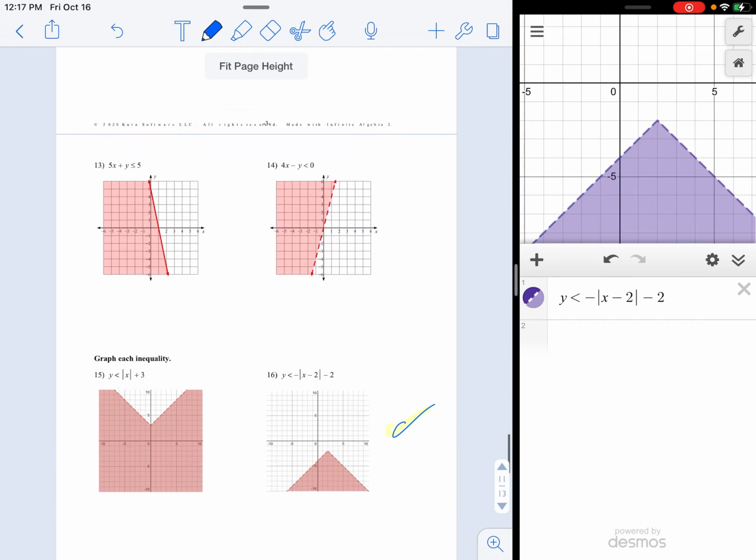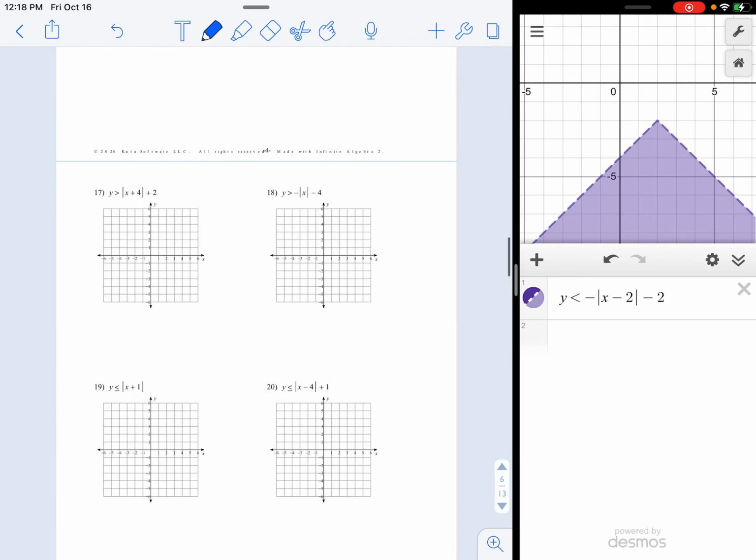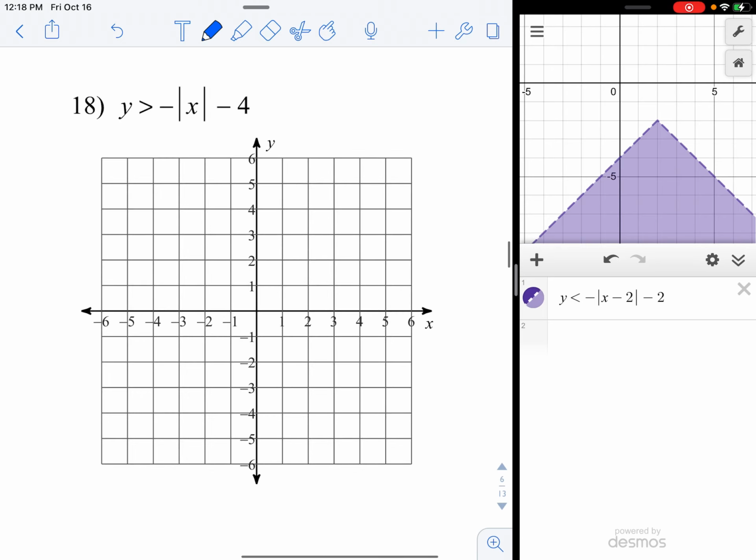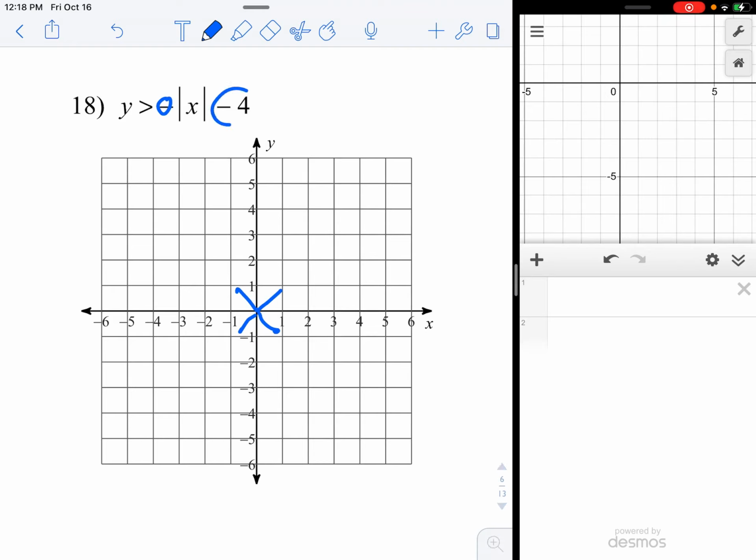So if you don't mind, even though you can use Desmos and get through these quickly, I am going to go ahead and use the skills that I've been asking you to learn over the past couple of days. So number 18, again, absolute value is the V shape. The negative flips it upside down. The minus 4 shifts it down 4 units, like that.